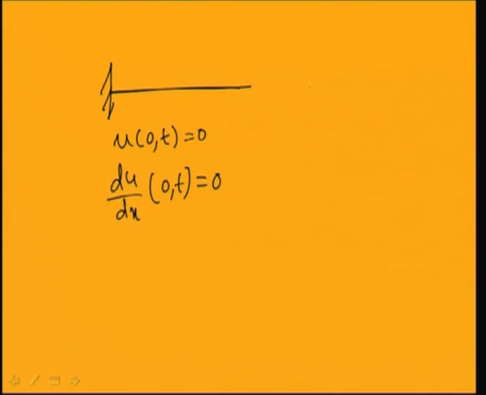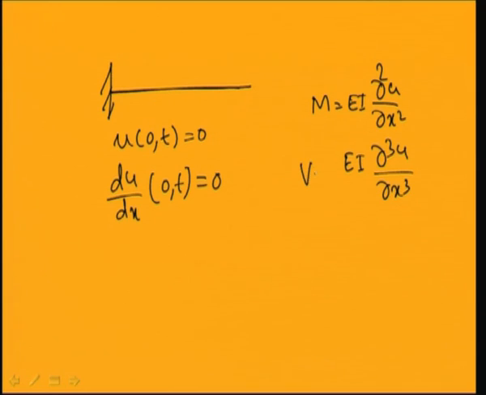Shear force can be written as E I del cube u by del x cube, that is the rate of change of the bending moment. Already you know that bending moment is written as M equal to E I del square u by del x square, and shear force is written as V equal to E I del cube u by del x cube.